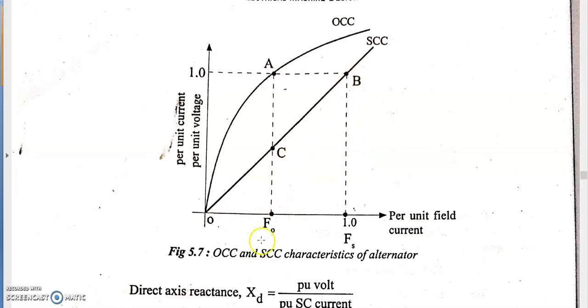So the short circuit ratio is O to F0 divided by O to Fs. O to F0 is the field current required to circulate the rated voltage, 1 per unit, under no load condition, and O to Fs is the field current required to circulate the rated current under short circuited condition, that is 1 per unit current.